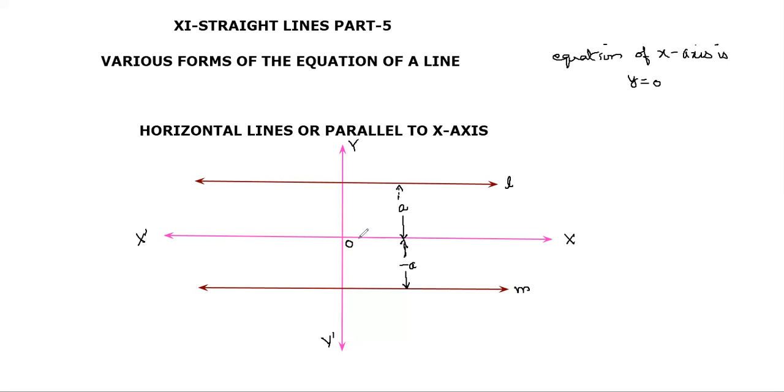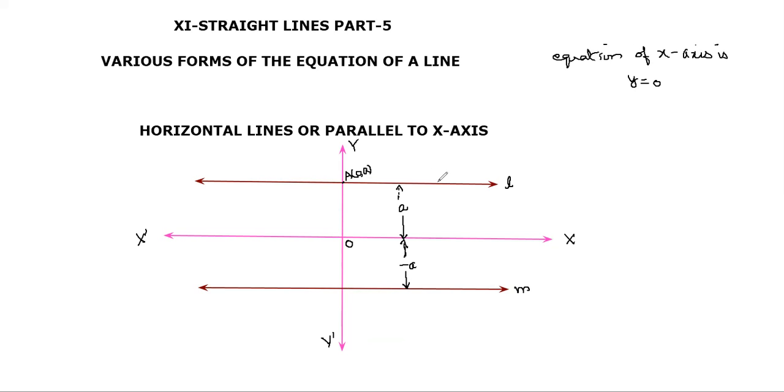Okay. Suppose this is a point A. It is on the y-axis, so its x coordinate will be 0, so the coordinates are (0, A). So y is equal to A, x is equal to 0 and y is equal to A.